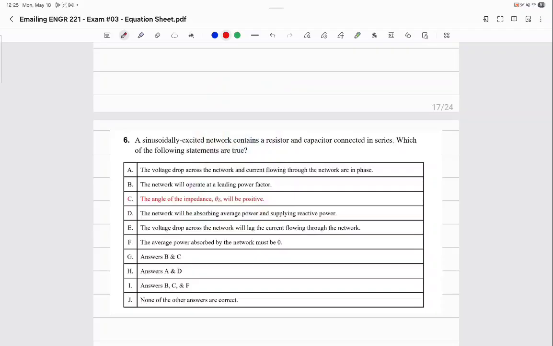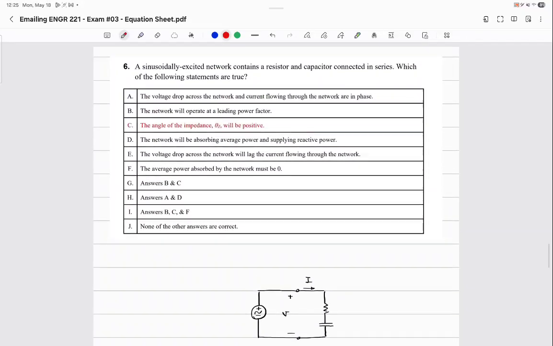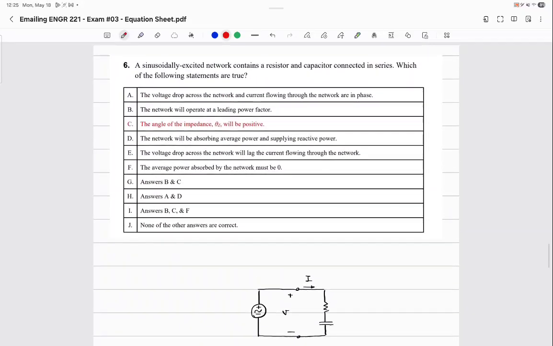First, the voltage drop across the network. Here is the network. It's a resistor and capacitor connected in series, okay? So, the voltage drop across the network and current flowing through the network are in phase. Is that correct or no?